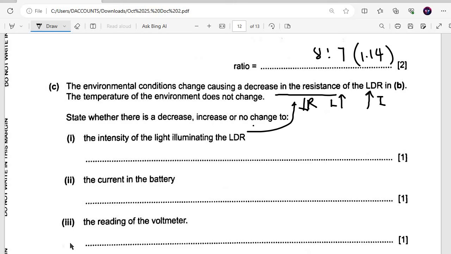So here it increases. What's the reason?